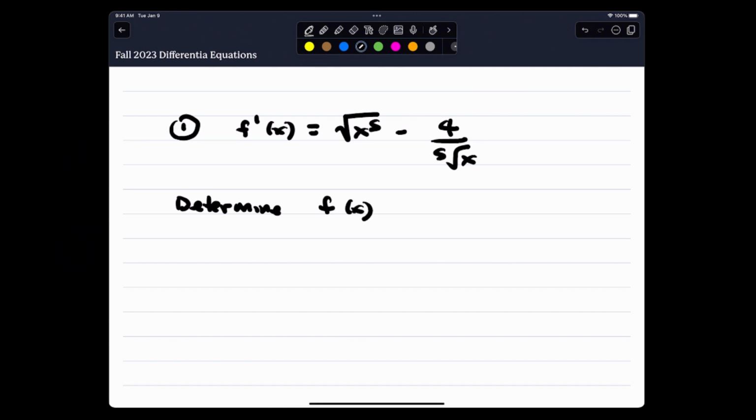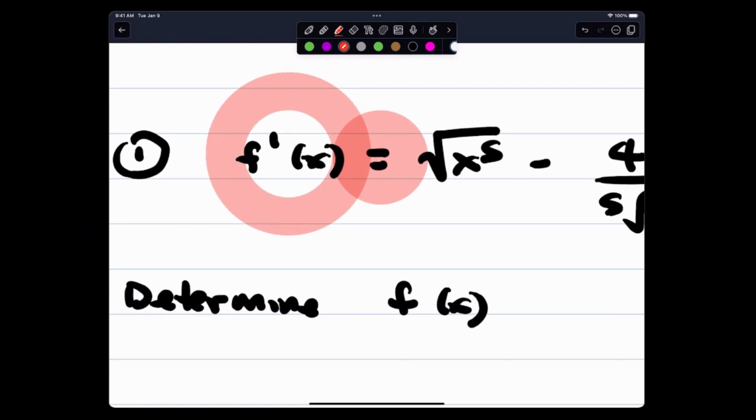Okay? So you might say, what in the world did they give you? Well, they gave you, first of all, an equation. Would you guys agree with that? And it's an equation that involves what? A derivative.